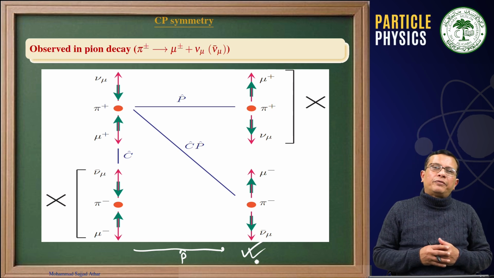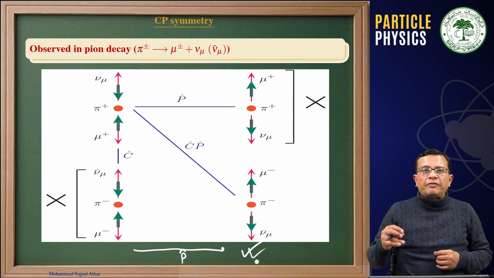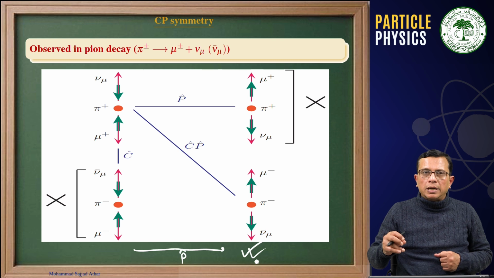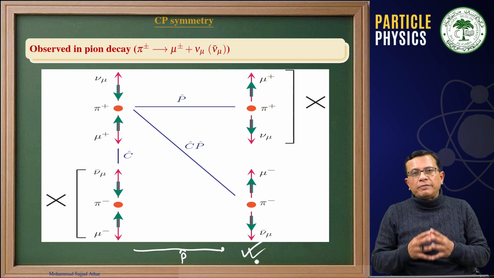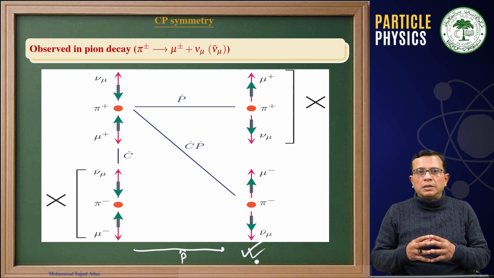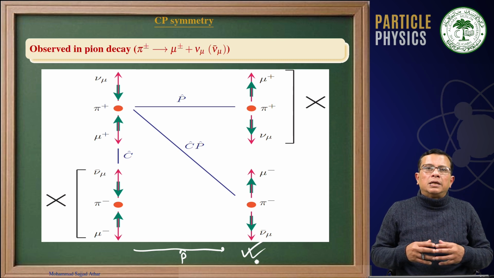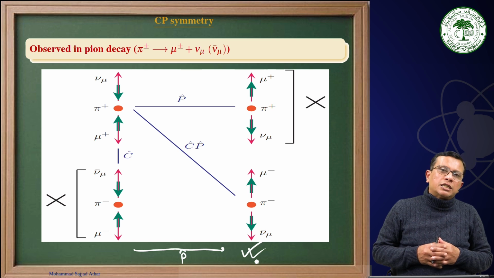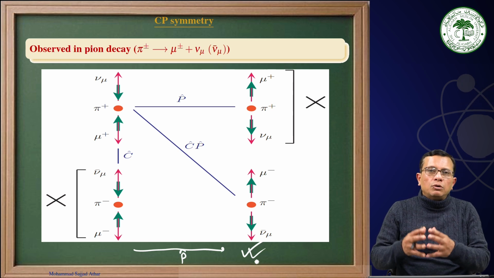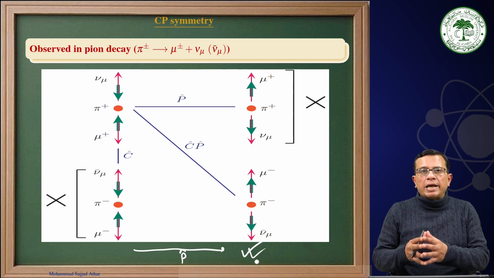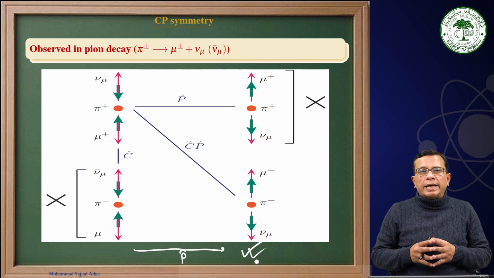You have a beam of K0 and then you are finding a few events which are only possible when you have a K0 bar. And similarly, you start with a K0 bar beam and then after some time you are finding that as the K0 bar is traveling in space and time, you have some event that is only possible if a K0 is present.